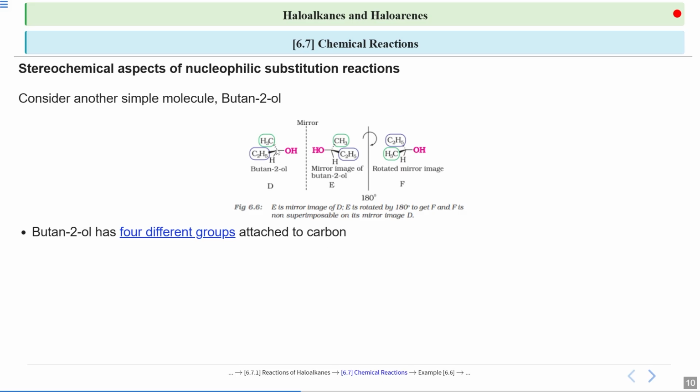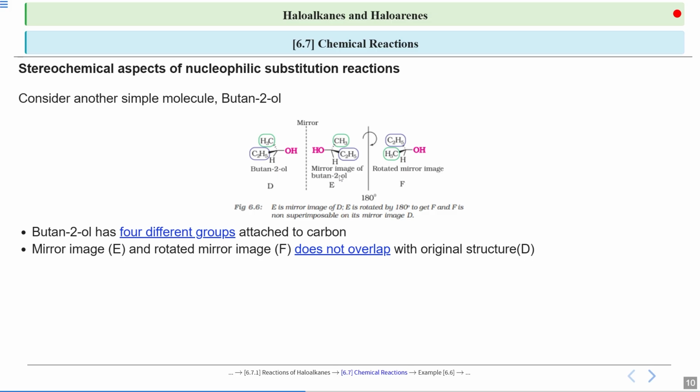So there is a carbon in butane 2-ol which is attached to 4 different groups: methyl, ethyl, hydrogen, and hydroxyl. And the mirror image that you get, that is E, and the rotated mirror image, that is F, after the rotation of 180 degrees, do not overlap with the original structure D. So butane 2-ol is a chiral molecule.